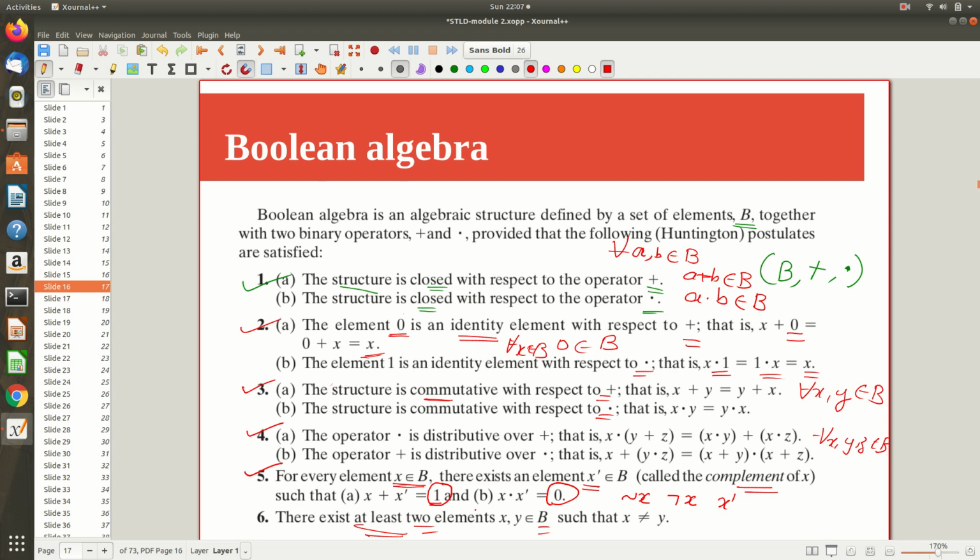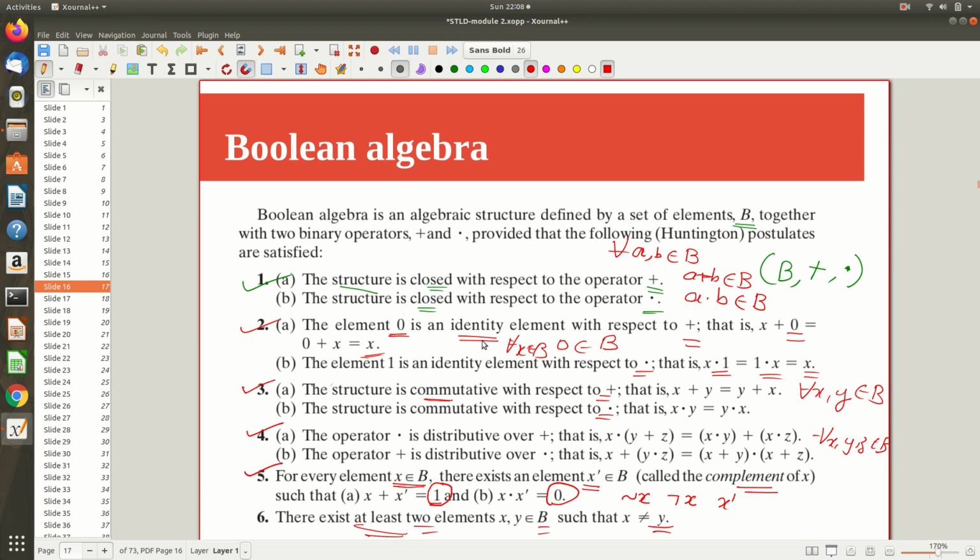And at that time he did not give any restriction for B, like it should be 0 and 1, nothing like that, but instead he had this minimum requirement that B should contain at least 2 elements. So 2 and above is fine, right? And the at least 2 elements, say x and y, they should be different also. You are not supposed to repeat elements in the set, right? So hope the things are clear.